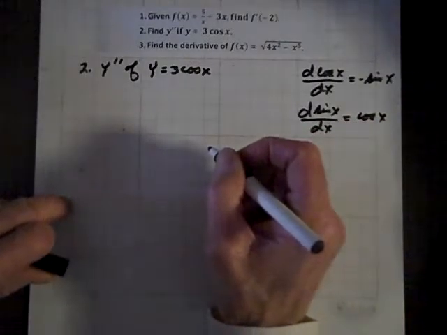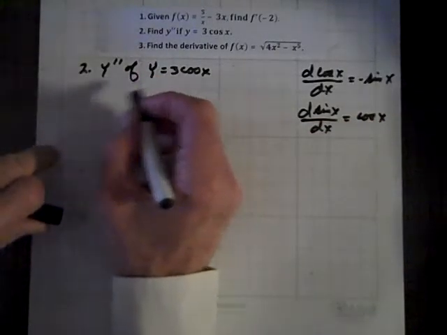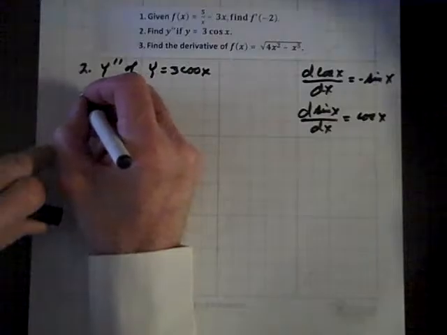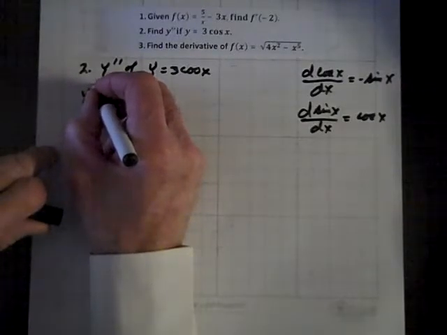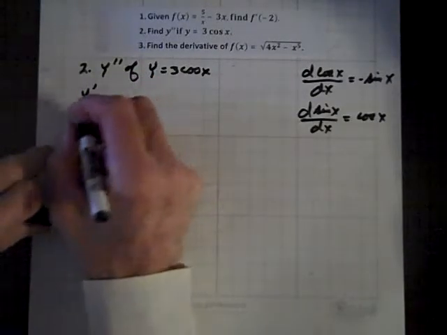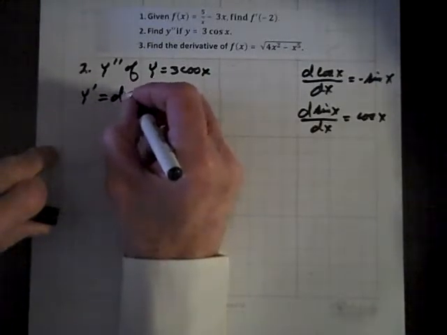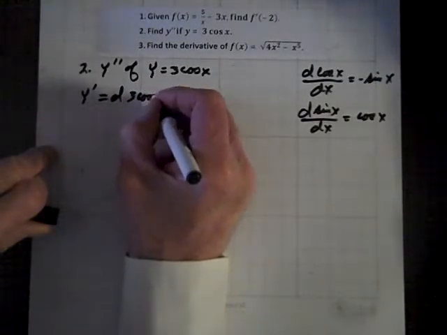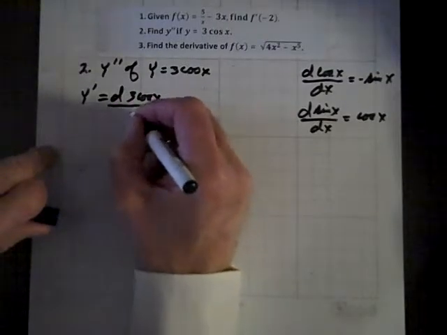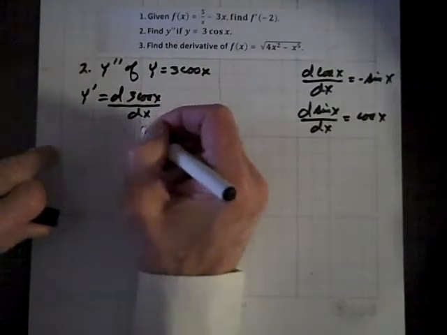So now our first step is to find y prime, and y prime of 3 cosine of x equals the derivative of 3 cosine of x with respect to x.